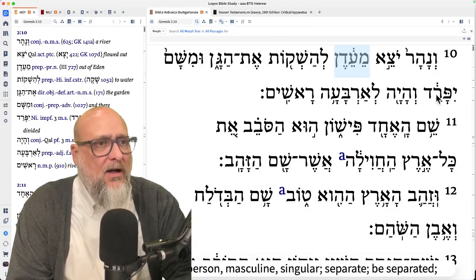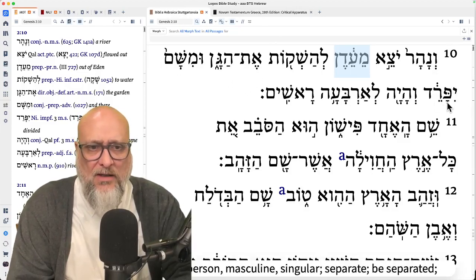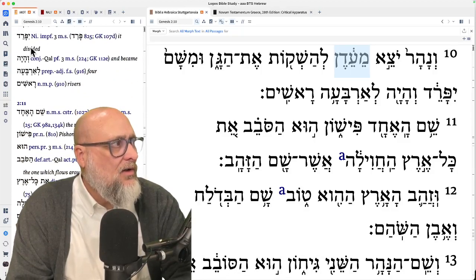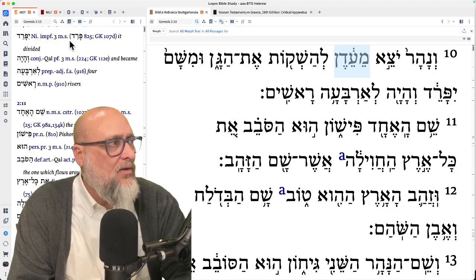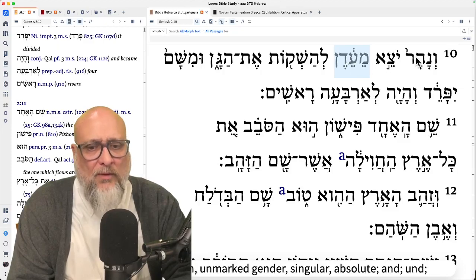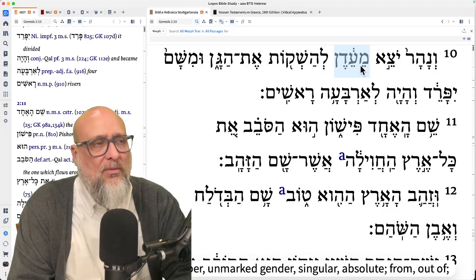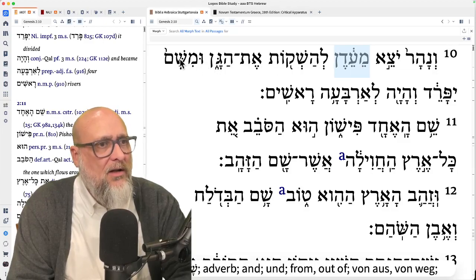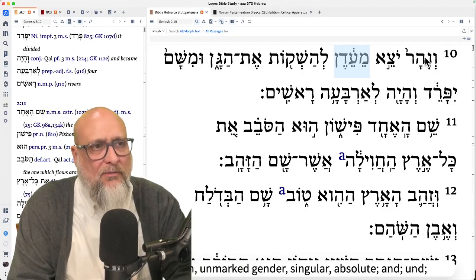And from there, and notice this is going to be a Niphal, and Accordance tells us, so it's a Niphal imperfect, third masculine singular. So the river goes out from Eden to water the garden, and from there it was divided.